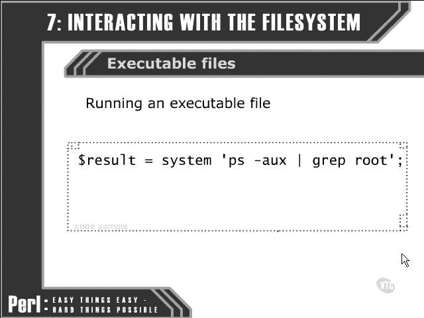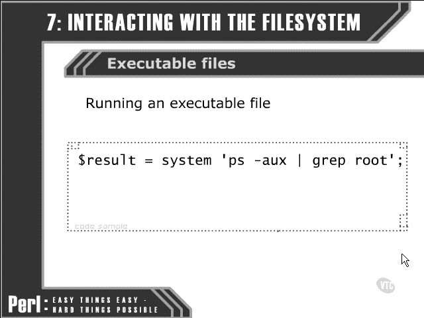So effectively we're looking for all processes that are being run as root. Once again, Perl doesn't care about the syntax of the argument that's been given to the system function. It's the operating system that will deal with it.